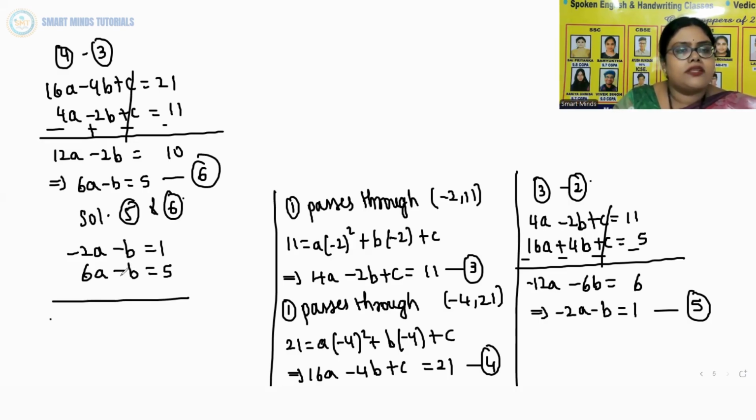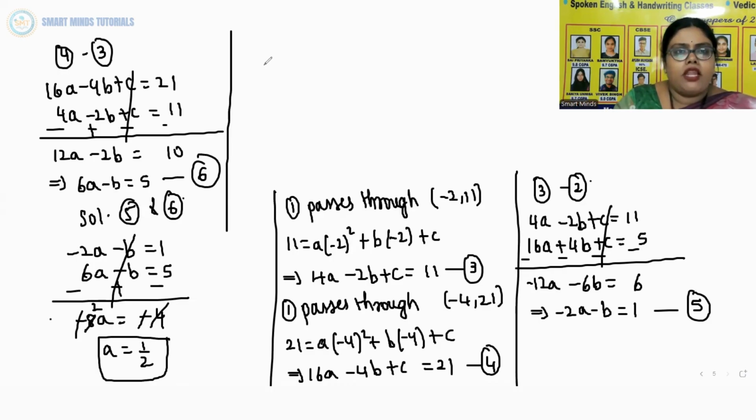We cannot cancel it if the signs are same. So in order to cancel b, we are changing the signs. Minus becomes plus, plus becomes minus. Plus b minus b get cancelled. Minus 2a minus 6a is minus 8a. 1 minus 5 is minus 4. Minus minus cancel. 4 ones are 4, 4 twos are 8. Now a is equal to 1 by 2.